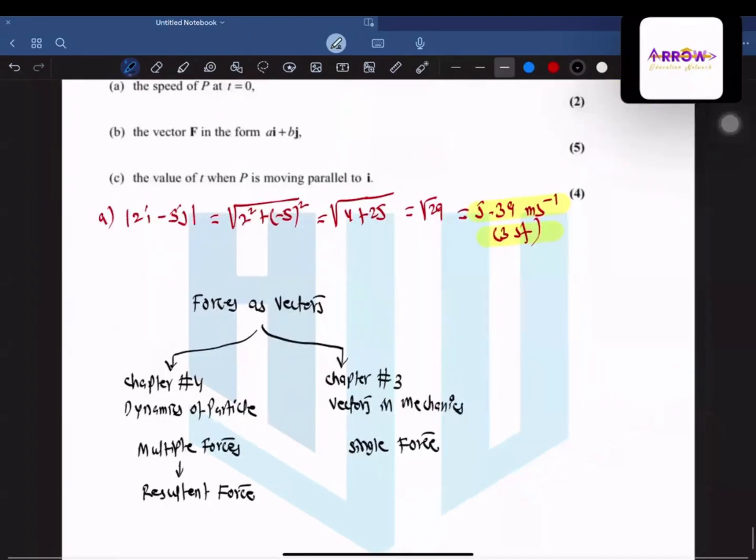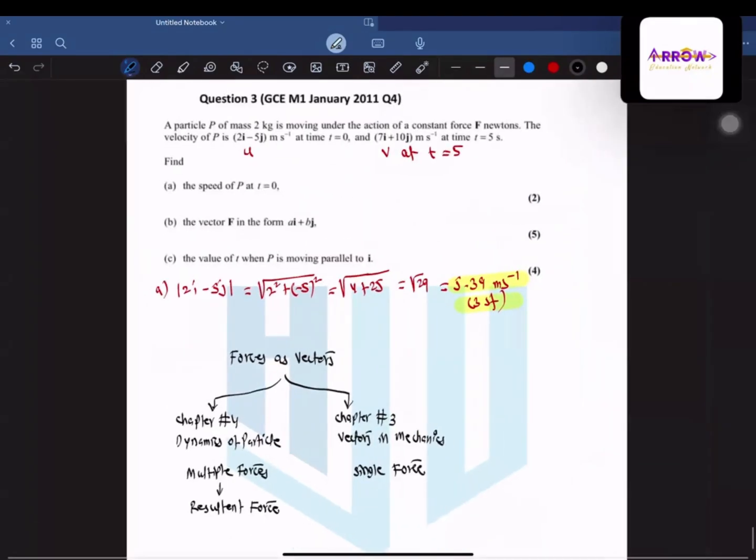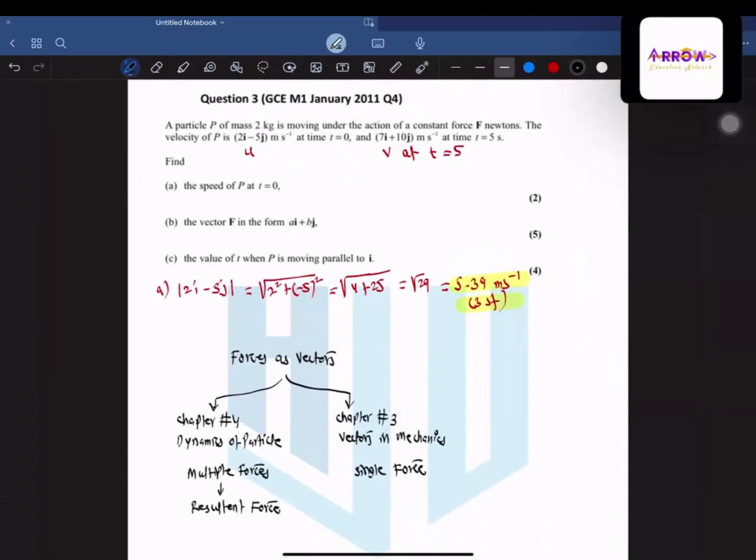Right now we are dealing with a past paper handout of chapter number 3 specifically. So in this handout, I've only given those questions which are based on the chapter number 3 concept, which is the single force. The particle is under the action of a single force. When you are dealing with multiple forces, then you will study the concept of the resultant force. In both cases, you are applying Newton's second law of motion, which is force equals mass times acceleration. So this was just a brief explanation of what you need to know.